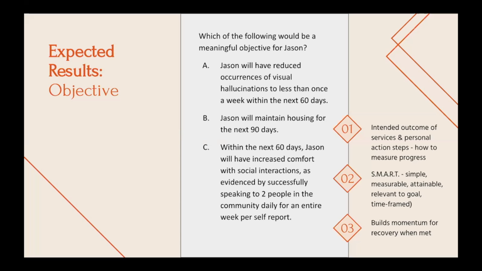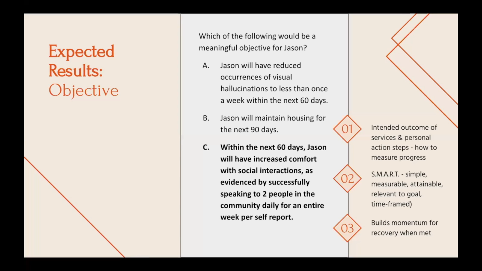Option C, let's see. This not only meets SMART criteria, but it imagines a life in the community where he's advanced his skills and comfort with social interactions. Perhaps he hasn't yet formed any relationships that he can call friendships just yet, but it does demonstrate an ability to routinely speak to people without feeling extreme discomfort, something that he can't do right now.